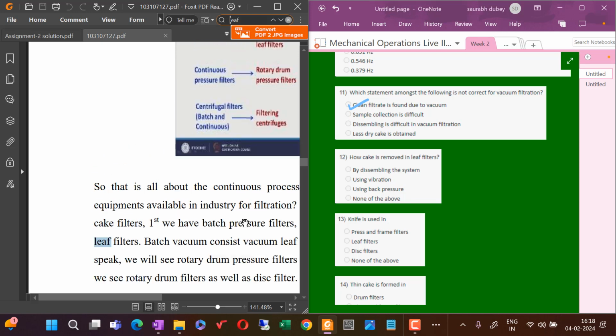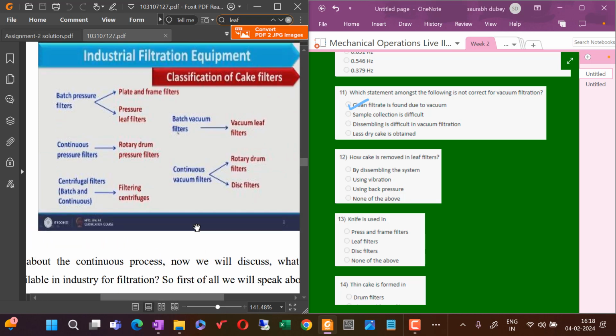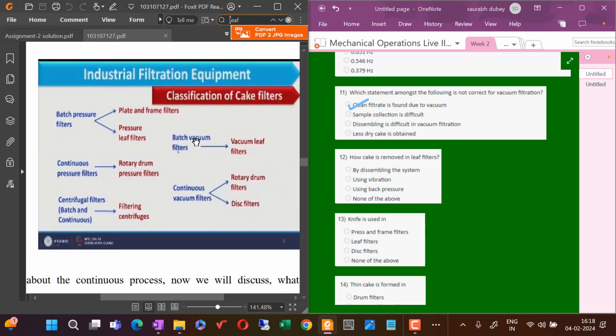In that, you were taught about these filters: the batch pressure filter, where you learned about the plate and frame filter, then the pressure leaf filter, the continuous pressure filter, and the centrifugal filter, which has both batch and continuous modes.